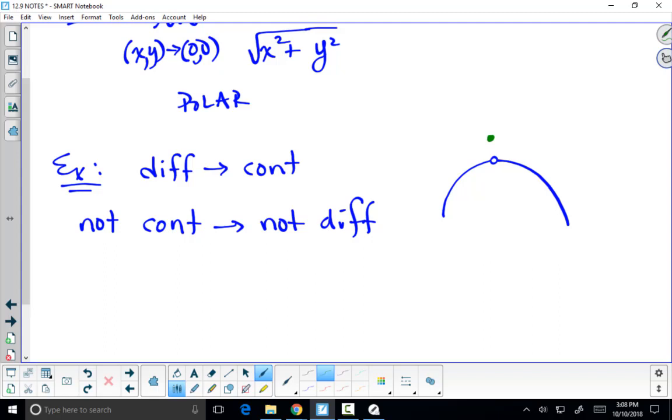In 3-variable space, you're thinking more of a peak, where the top of the peak is taken out and defined to be different. Or you could have the function defined to be the same there, but you have to show that the limit and the value are the same. If they are not the same, then it's not continuous, which means it's not differentiable.